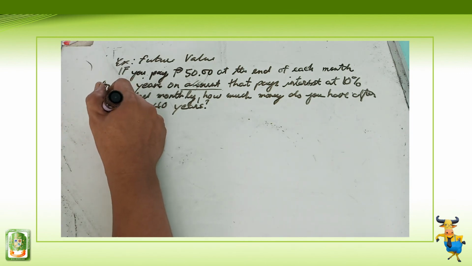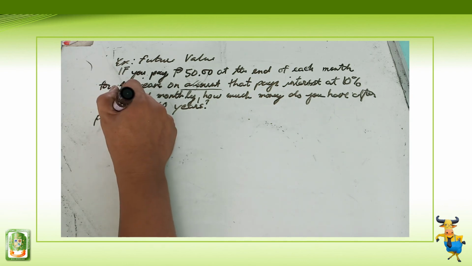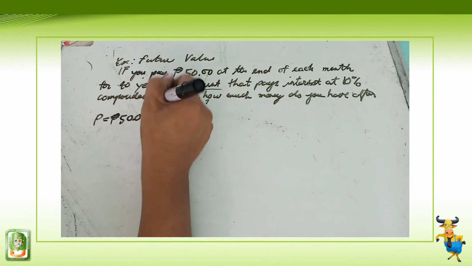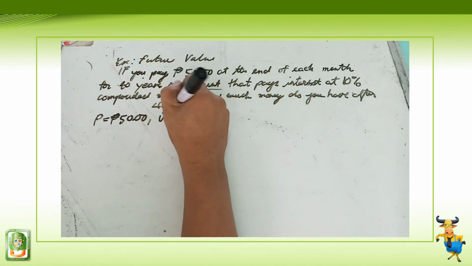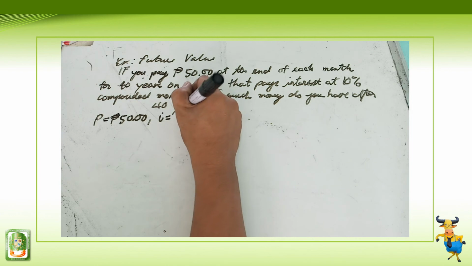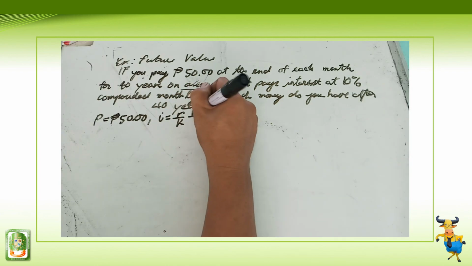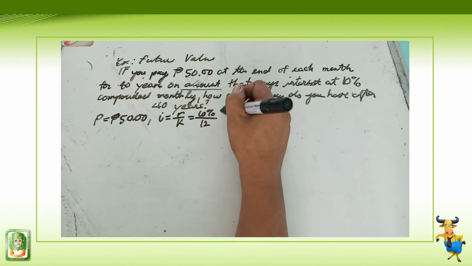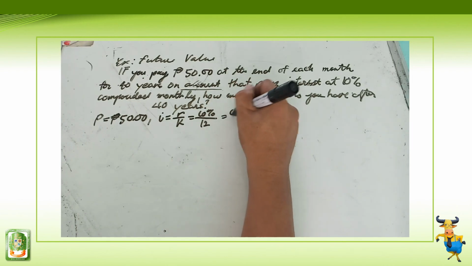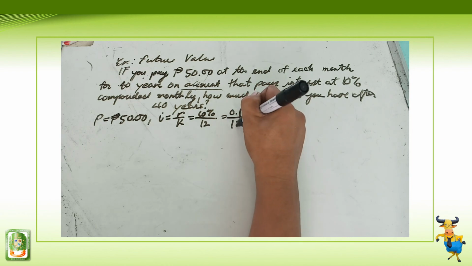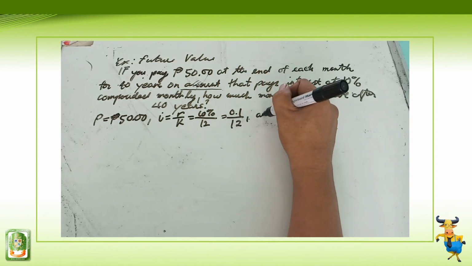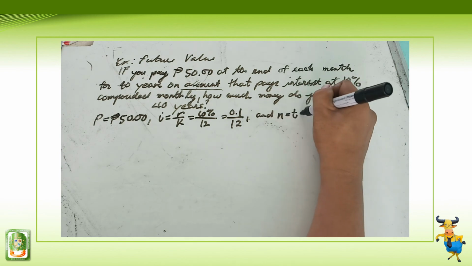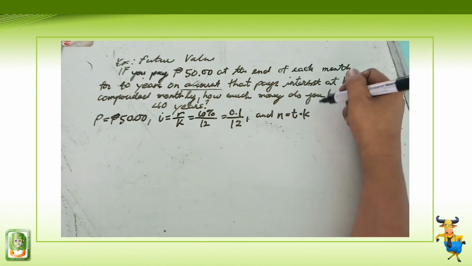What is the periodic payment? Is equal to 50 pesos. And then the interest rate r over k, so 10% over the 12 months is equal to 0.1 over 12. And n is equal to t times k.